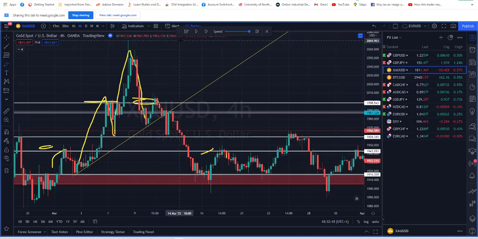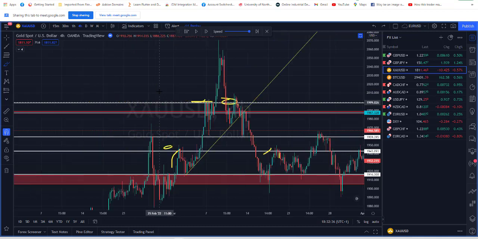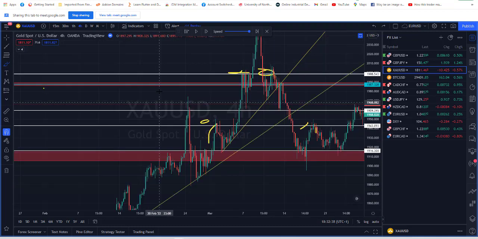But did that happen? No. Rather, it gave us a high that just reached here, which is a lower high. This is the first instinct that we're going to get that this market is about to trend downwards. Does that make sense? This is the first signal that this market is about to change its brilliantly moving uptrend.